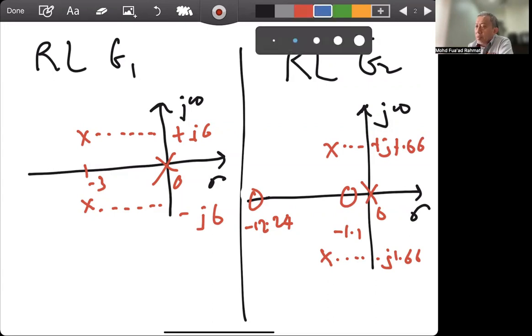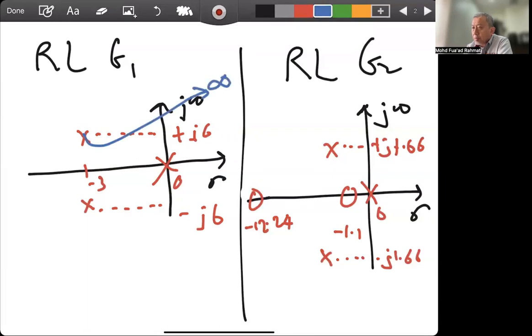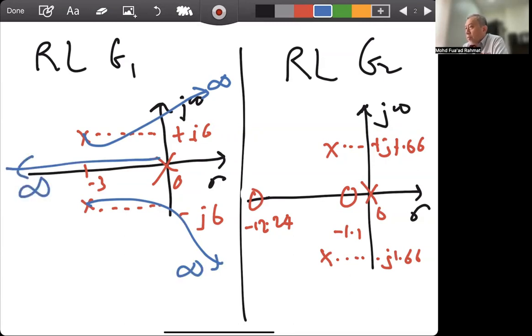And then draw the locus. For this one we have 3 open loop poles, so no zeros. So 3 root locus ended at infinity. And then for the second one, which is G2, start from poles ended at zeros, one path.